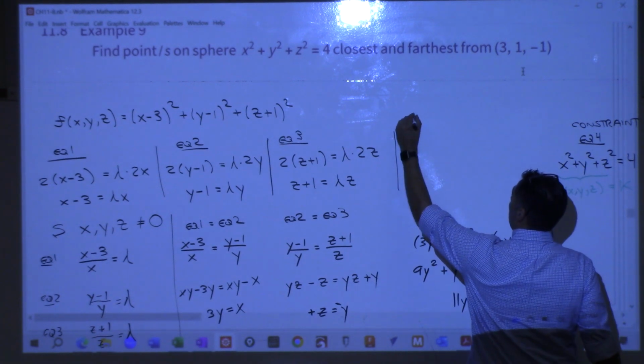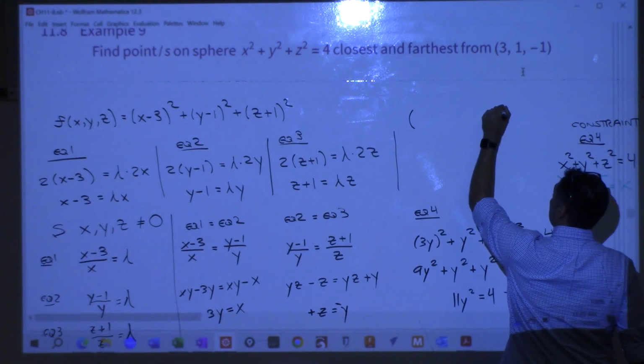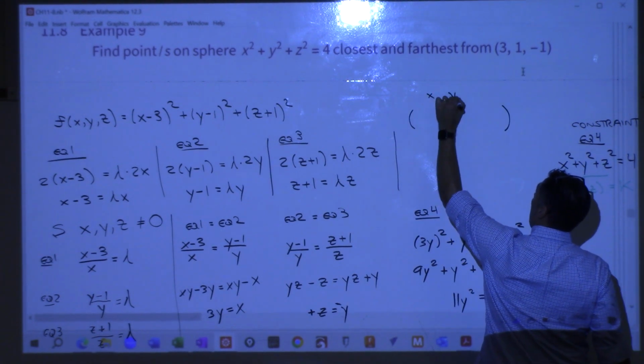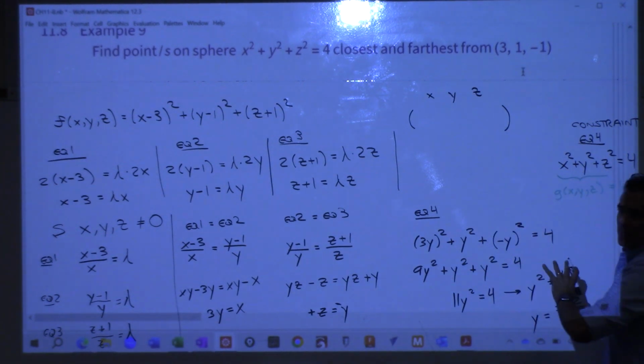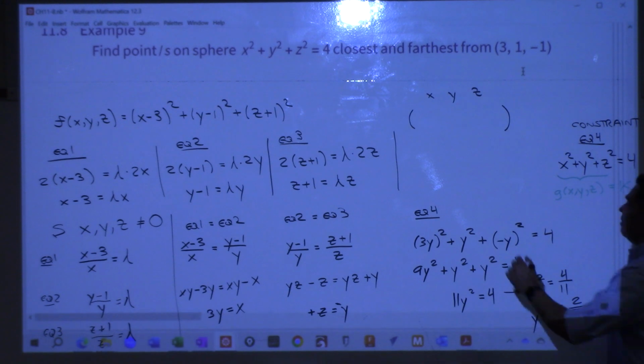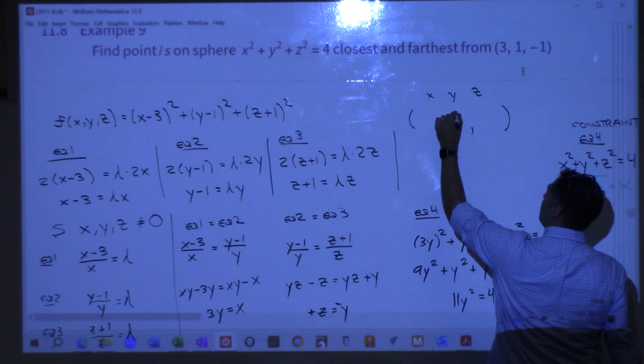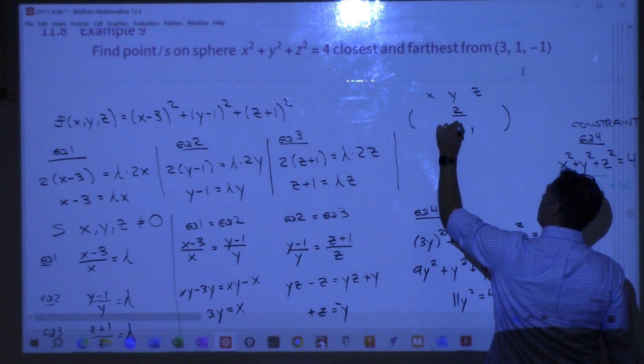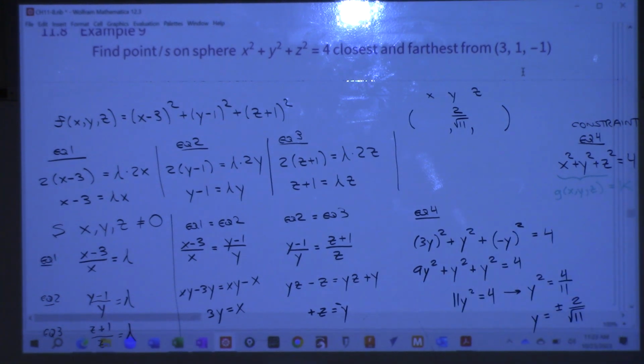So remember, I'm going to just get to the points. I'm going to figure out what x, y, and z are. I'm not going to put the lambda in here. Okay? So let's just figure out what we got here. Let's start with this positive one. In the middle we have 2 over root 11.